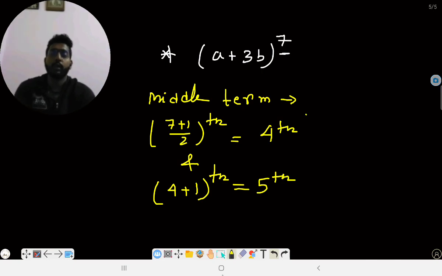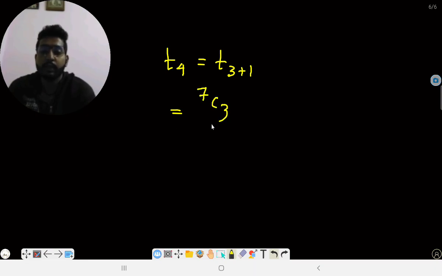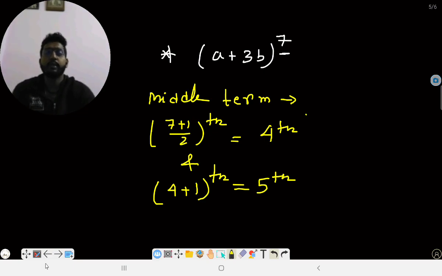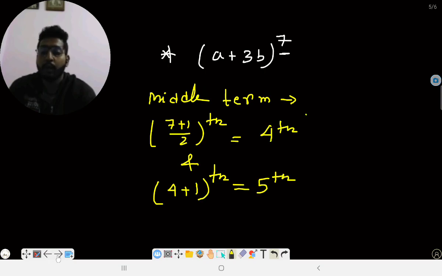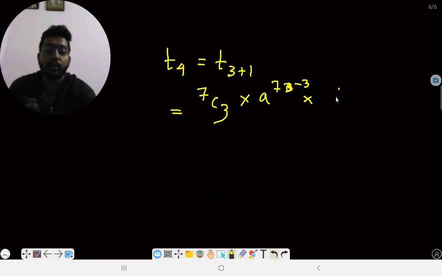So this is the formula. So we have to find now the fourth term and the fifth term of this expansion. How to find the fourth term? T4 can be written as T3 plus 1. So it will be nCr, that means 7C3, a to the power n minus r, that means a to the power 7 minus 3, into b to the power r, that means (3b) to the power r.